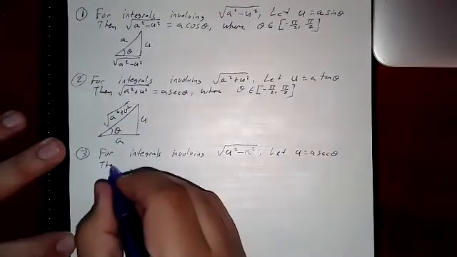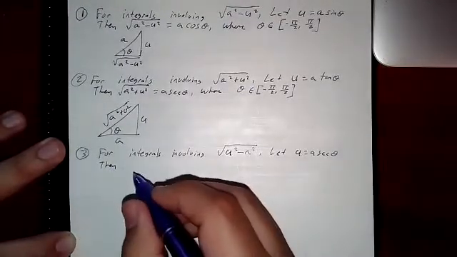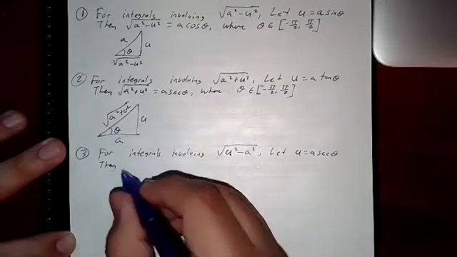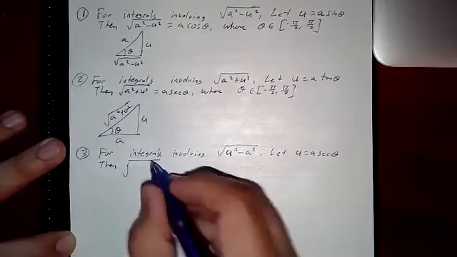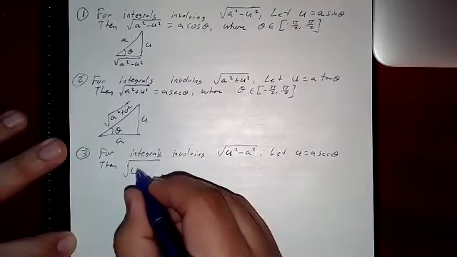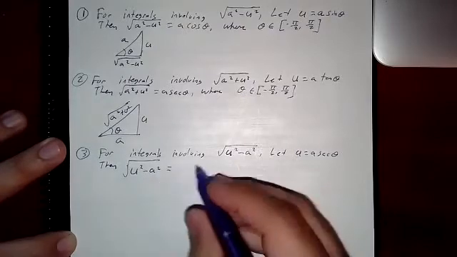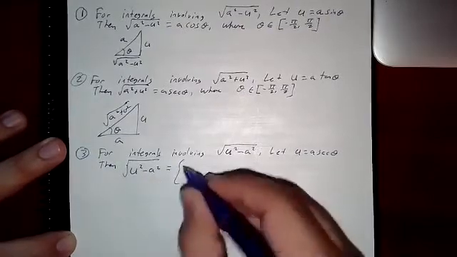Then we would have u squared minus a squared equal to this piecewise thing.